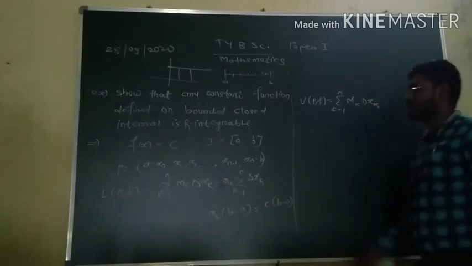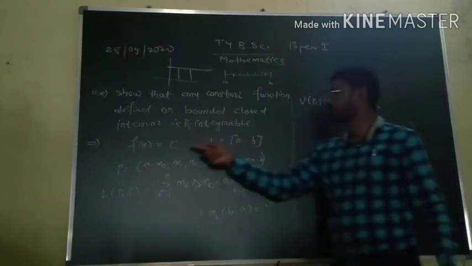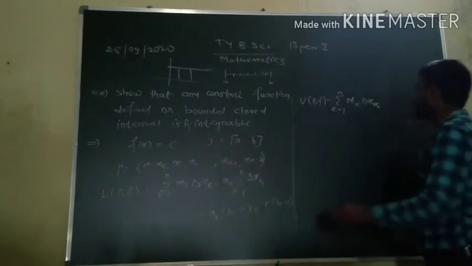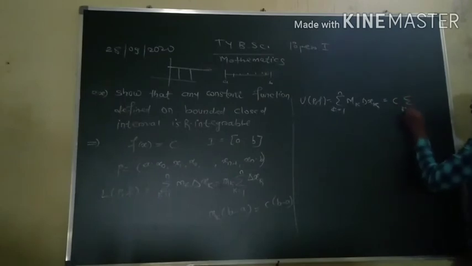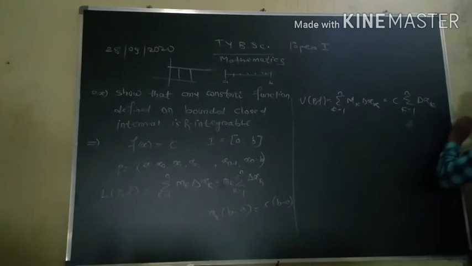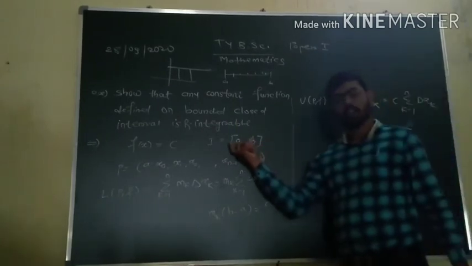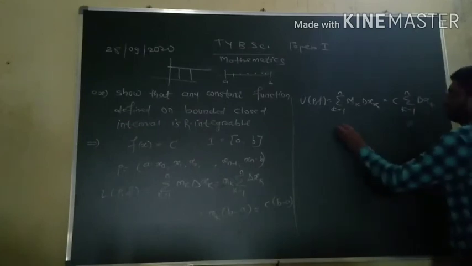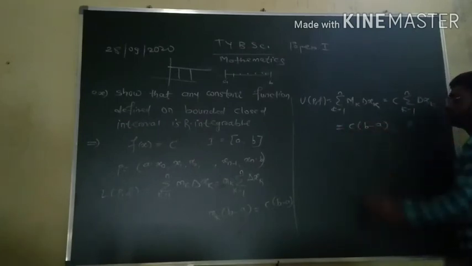Again, the function is the same constant function, so the capital M value is c. We can take it outside. So this becomes c outside, and summation k equal to 1 to n of the length of each subinterval. The length of all subintervals is nothing but the length of the full interval. So this becomes c into b minus a.